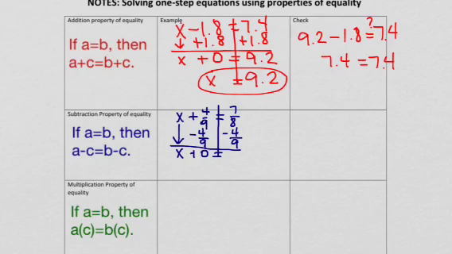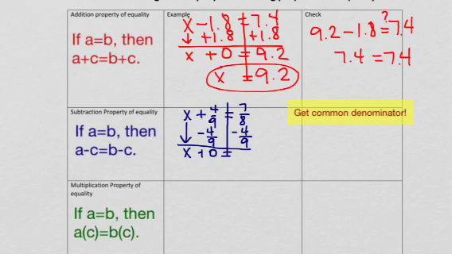But then we need to remember that in order to add or subtract fractions, we need a common denominator. So the common denominator between 8 and 9 is 72. That means I need to multiply the top fraction by 9 over 9 and the bottom fraction by 8 over 8. So on the top one, I get 63 over 72.